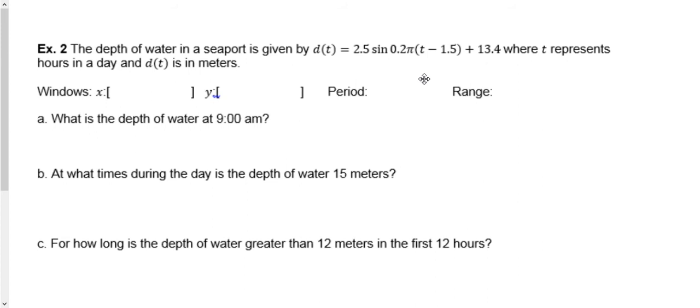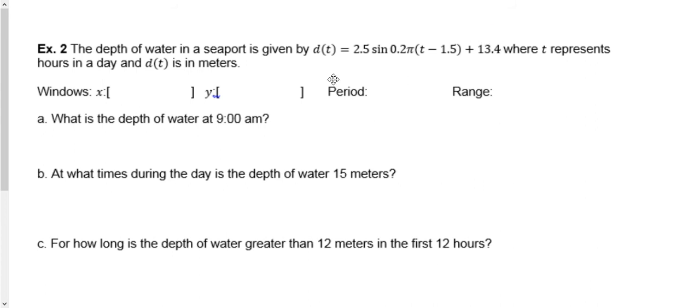Sorry, before I do my period and range, my window setting here is kind of tough to tell. I know at minimum for my y values, I'm starting at 13.4 and I want to add and subtract 2.5, so the highest is somewhere in the ballpark of 15.9.